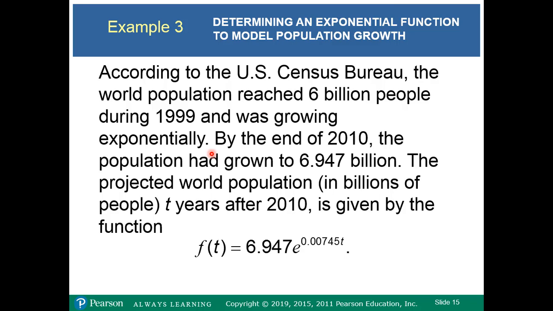Here's another one. It says, according to the U.S. Census Bureau, the world population reached 6 billion people during 1999, and it was growing exponentially. By the end of 2010, the population had grown to 6.947 billion. The projected world population in billions, t years after 2010, is given by this formula.